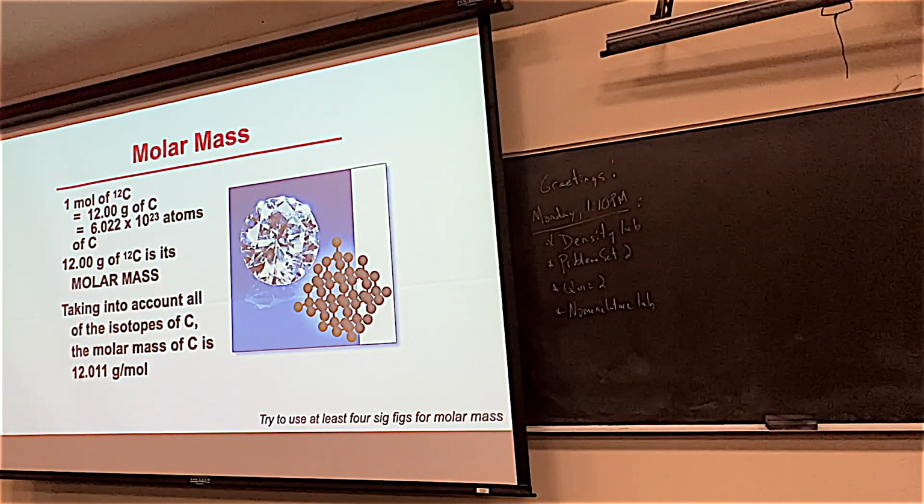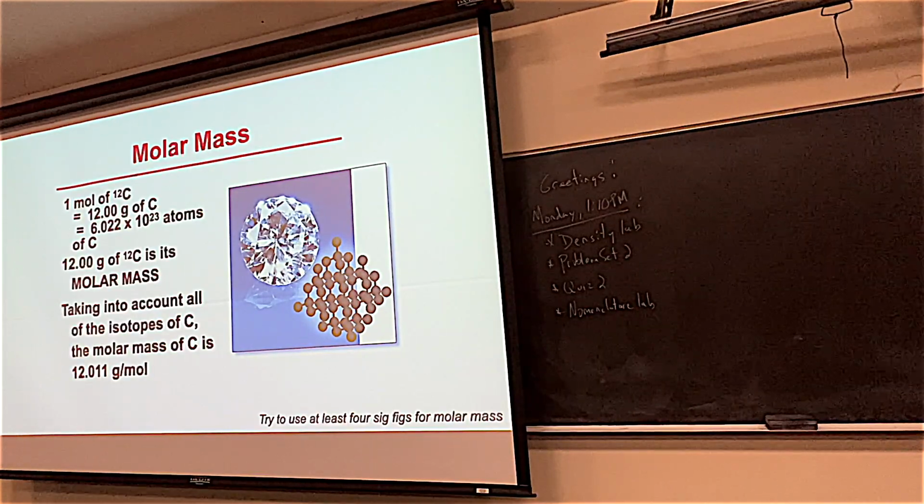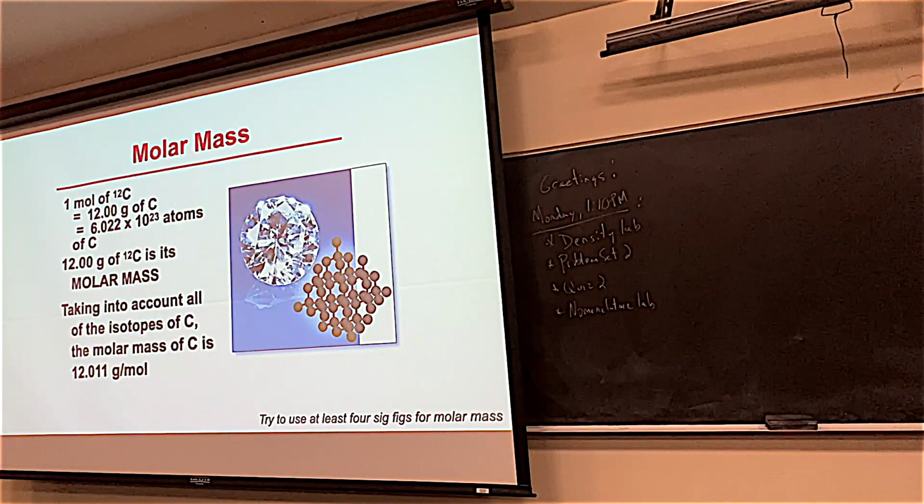If I put in my hand about 18 grams of water, we're going to see that's the molar mass of water. My 18 grams of water, 6.022 times 10 to the 23rd molecules of water. So those red numbers, not just a little important, super important.